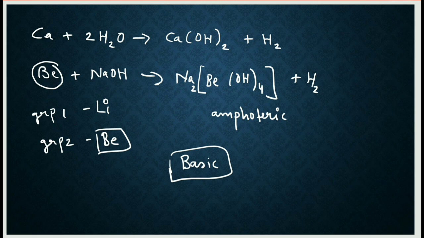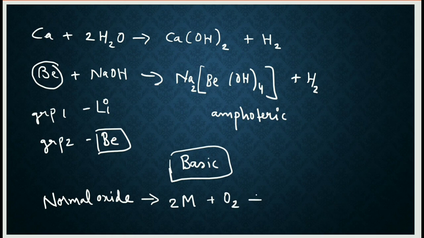And the next compound is the oxide, the normal oxide. In group 1 elements we discussed the normal oxide, peroxide, superoxide, etc. Now in alkaline earth metals, normal oxides are formed. How is this formed? 2 M, alkaline earth metal, plus O2 gives 2 MO.